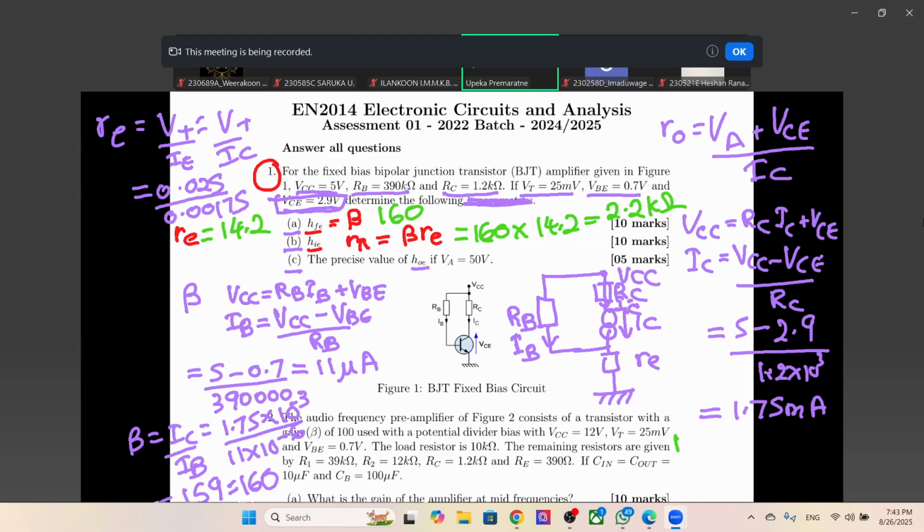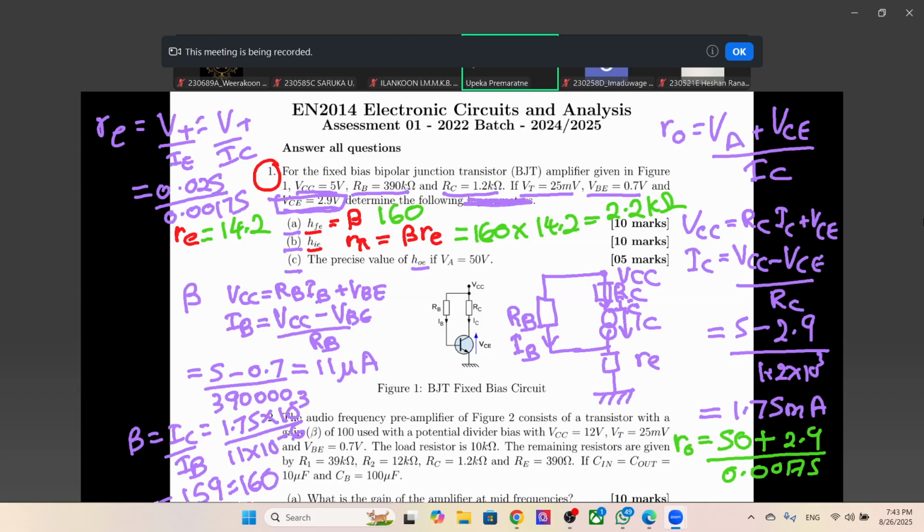So R0 is VA plus VCE divided by IC. The early voltage is given as 50, and VCE is given as 2.9 volts. Divide that by 1.75 milliamperes.